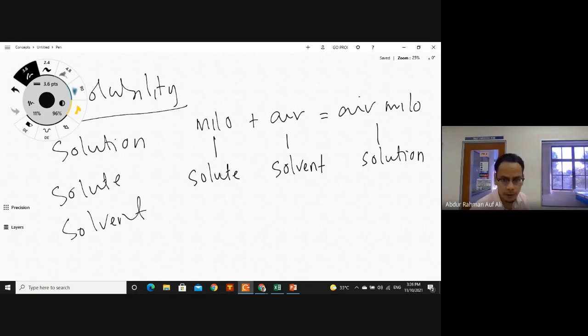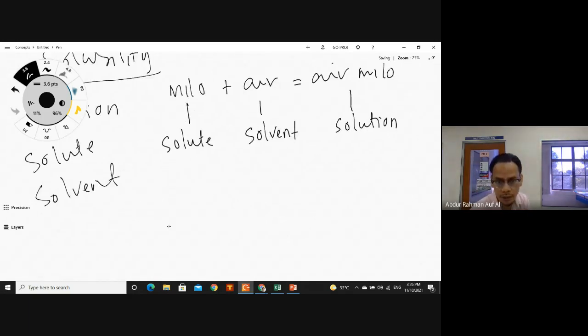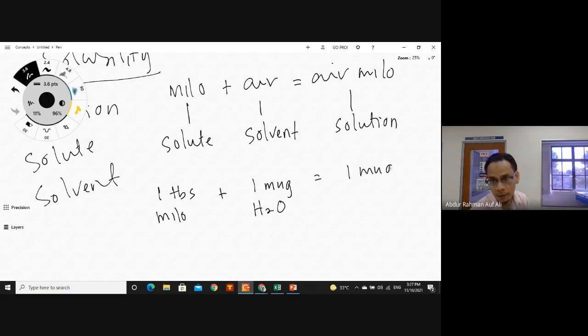Okay, so for example, kalaulah kamu buat air Milo, if you take 1 tablespoon of Milo. And then you mix with, katakanlah kamu prepare 1 mug of water, hot water. Kamu akan dapat air Milo kan? You get 1 mug of air Milo.